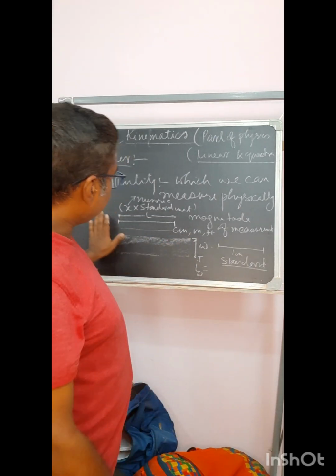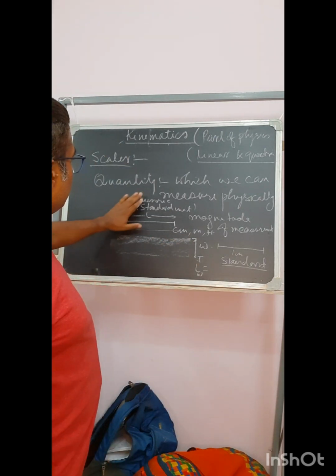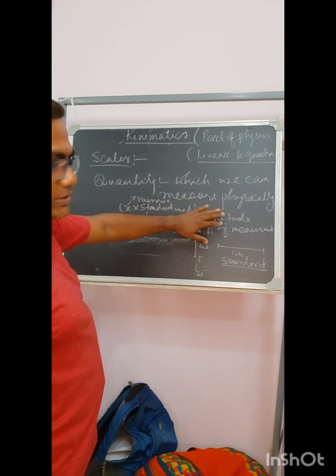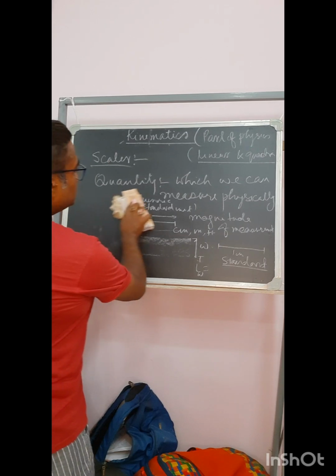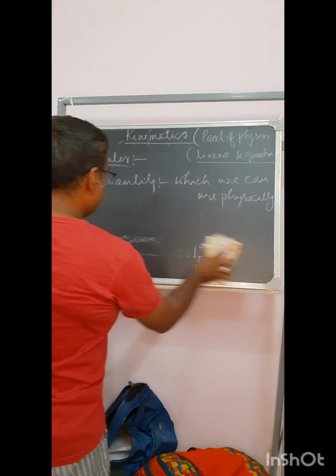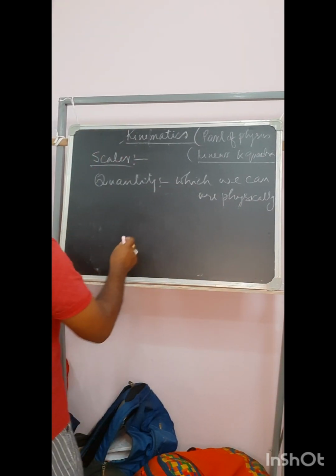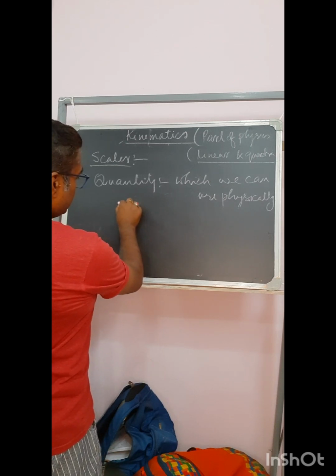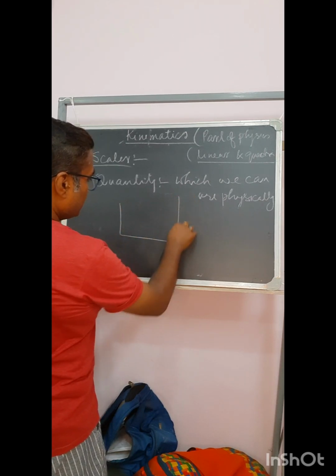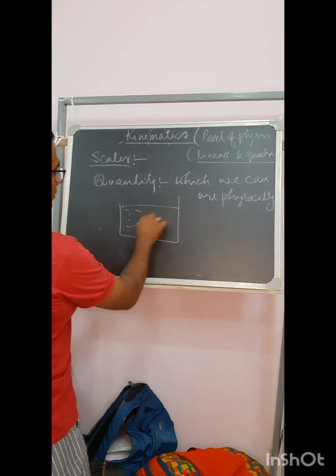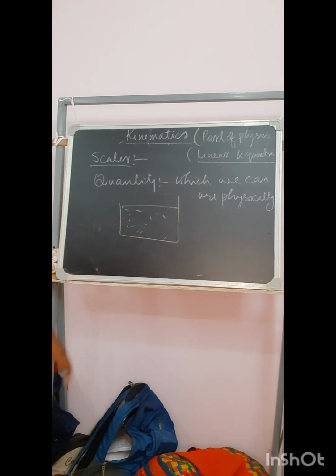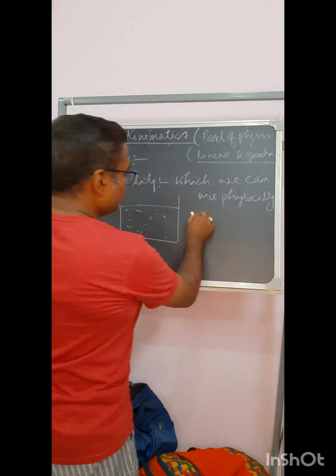So the quantity is what can be measured, and measurement is the magnitude of that. Anything which is measurable. Now see, there is some quantity of rice in a bucket. How will you measure that? You cannot quantify by counting.